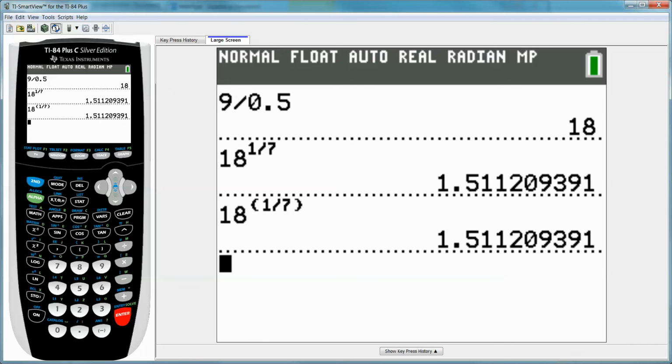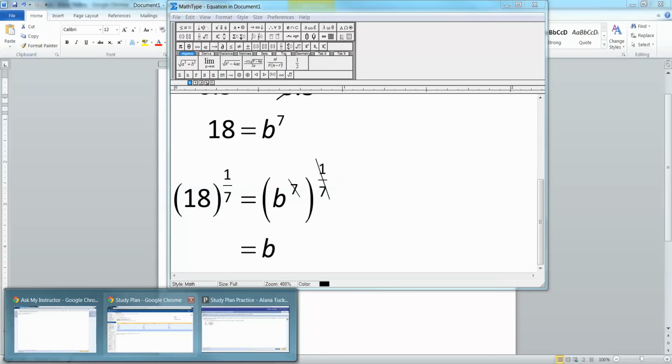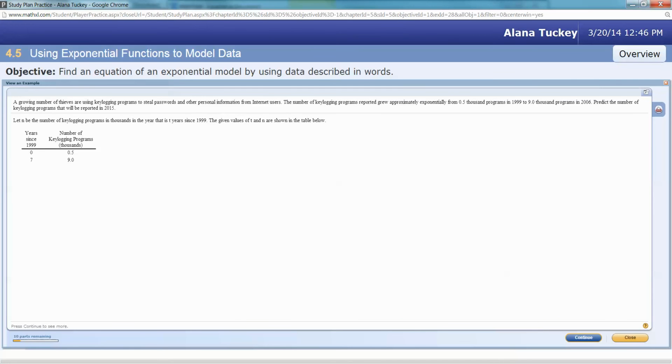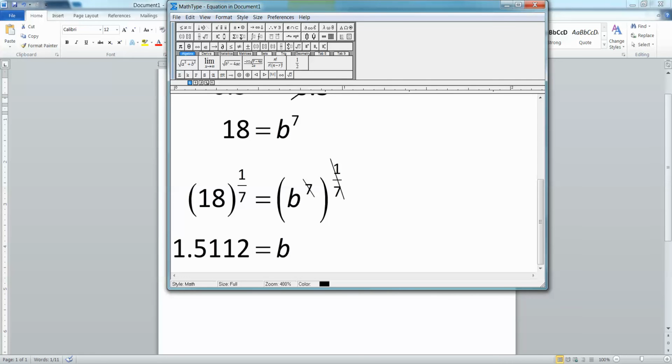All right, so I have the parentheses. It's 1.5112. How many decimal places did they say in the problem? They probably didn't. Nope, they didn't. So let's just do 1.5112, squiggly equals, because this is not exact here. All right, there we go.